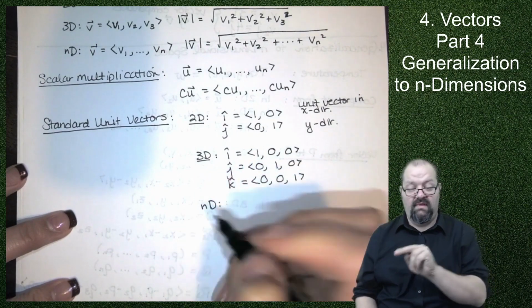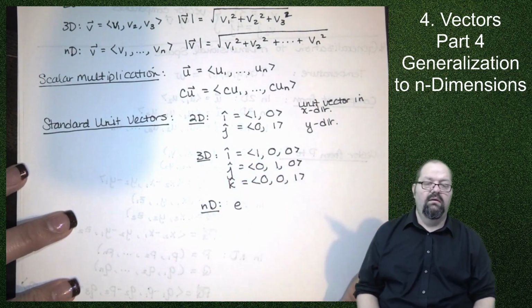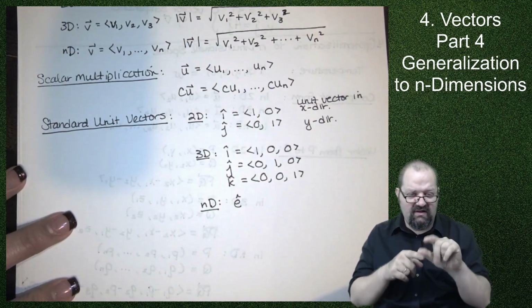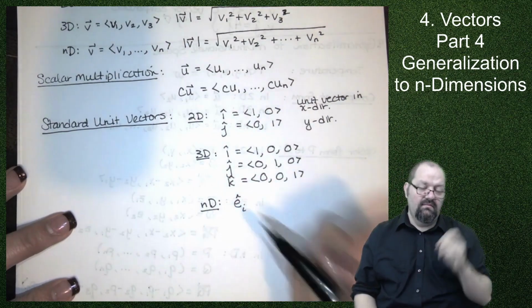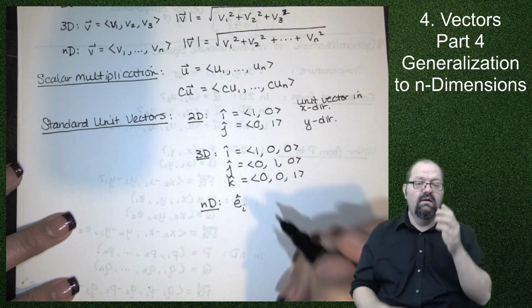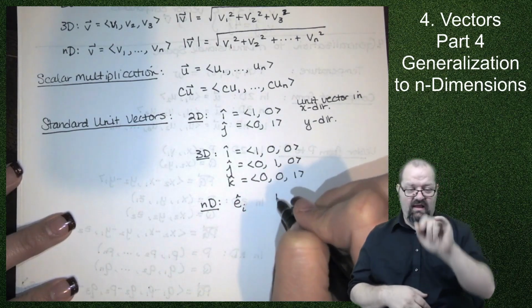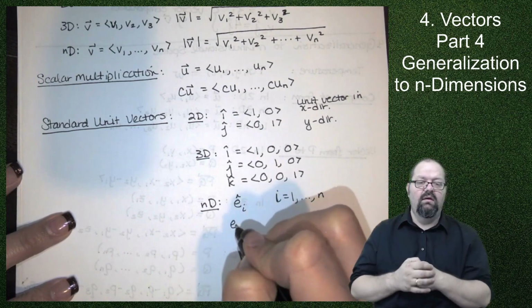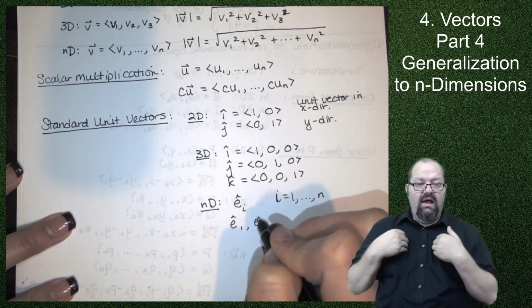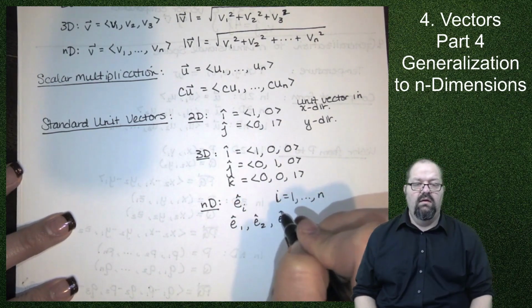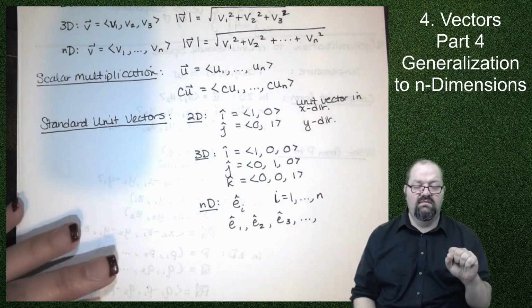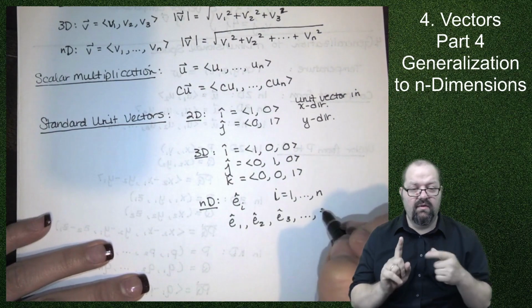ND, usually I see it with these e's with a little hat on it to denote it's a unit vector, and sometimes you'll see e sub i, and this is for i equals 1 through n. So you're going to have e1, e2, e3, these are basis vectors, just mutually perpendicular unit vectors.